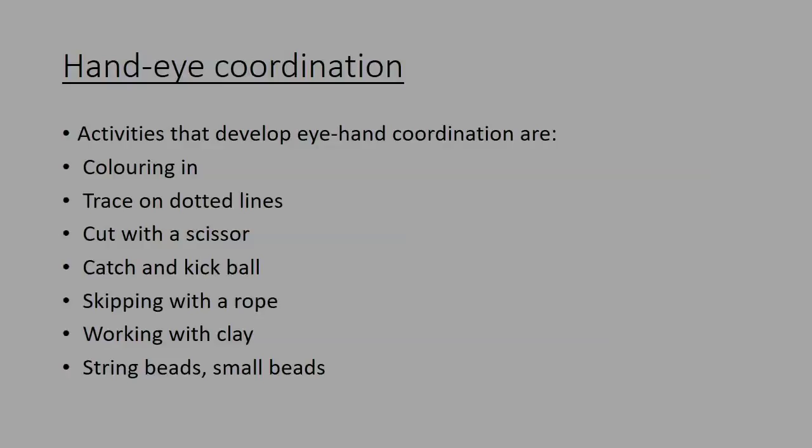I'll give them pictures to color in, trace on the dotted line, give the child a scissor and lots of work to cut out, catch a ball or kick a ball, skipping with a rope, working with clay, and stringing small beads on a string. Those are activities that I can use to assist my child with hand-eye coordination.